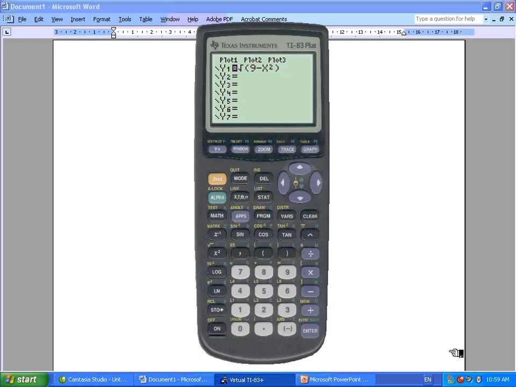Close that bracket. Then I go down to y2, and I go negative, so I look for the little negative sign, and then square root 9, take away x squared. Close that bracket. So two separate functions. And then graph.